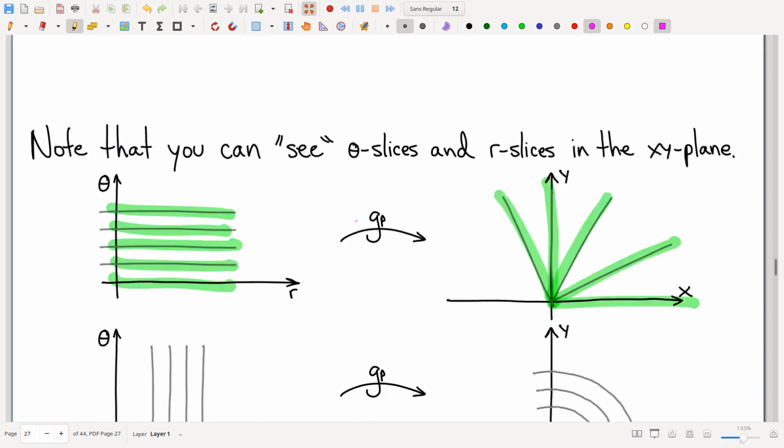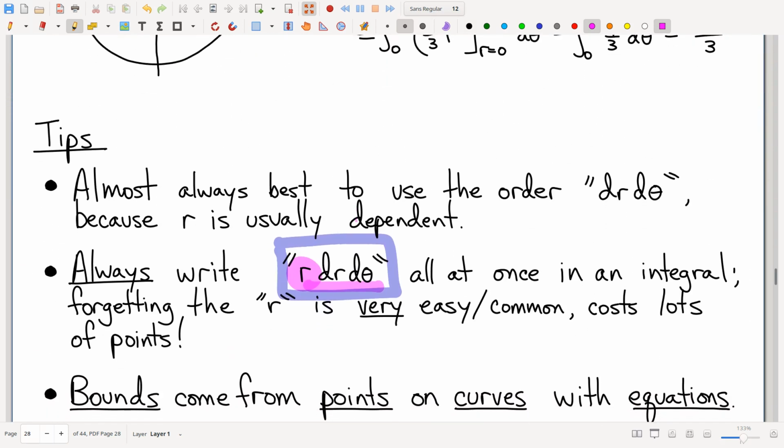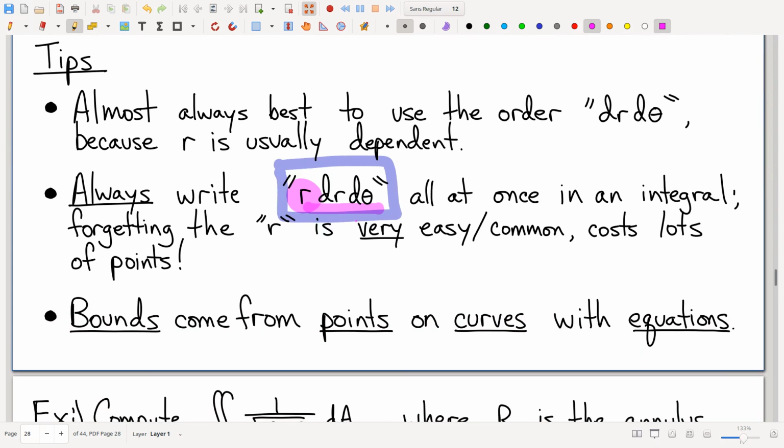The reason this matters, and why I think you should write them together, is that it is surprisingly common to forget that r. It's super easy to accidentally forget.